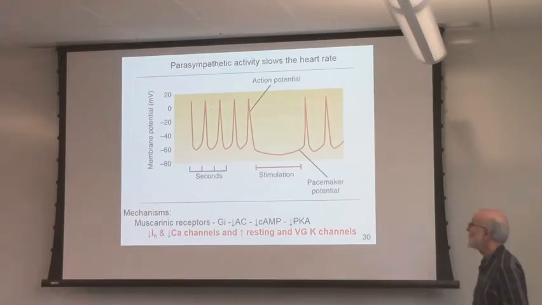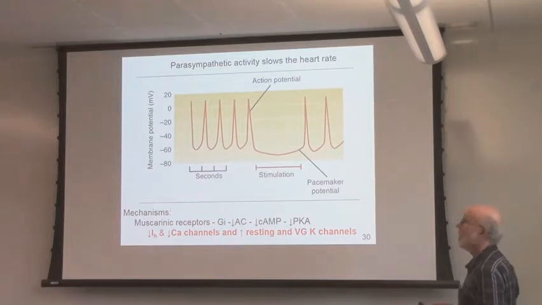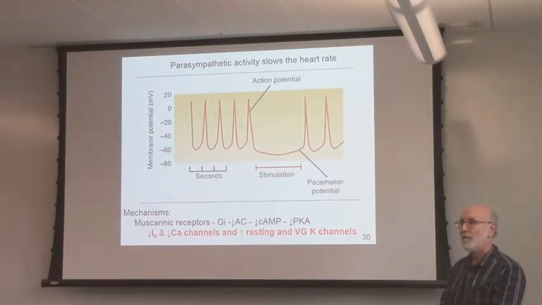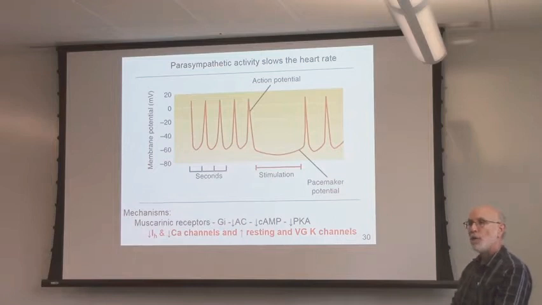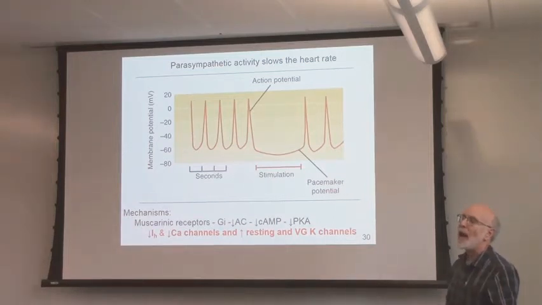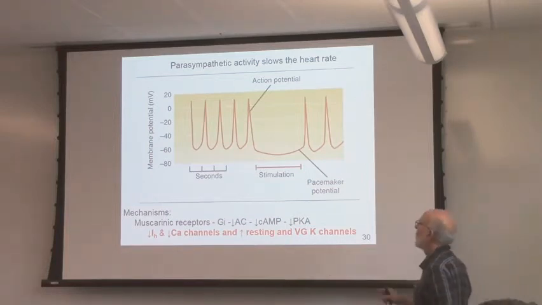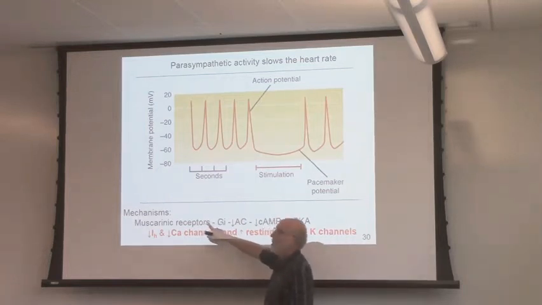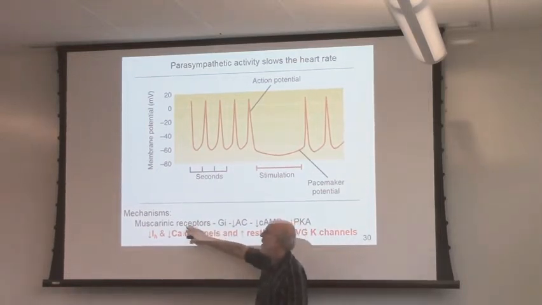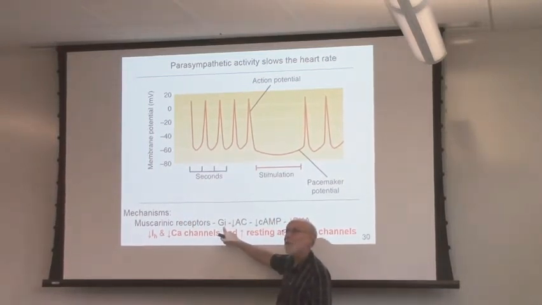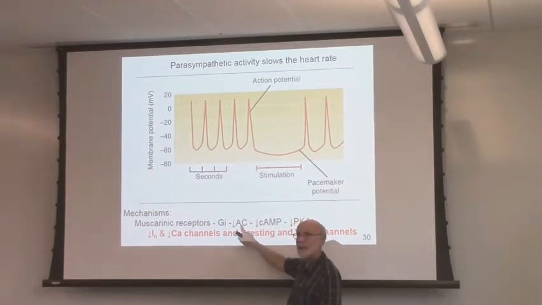Okay, so what goes up must come down, or hopefully comes down. You don't want to stay stressed forever. So the parasympathetic nervous system slows your heart rate. When you're relaxed, when you're resting, when you're digesting, your heart rate slows. Gi-coupled receptors. I'm not going to ask you to memorize the names of the receptors, but I do want you to know that Gi-coupled receptors, remember Gi, inhibit adenylyl cyclase.